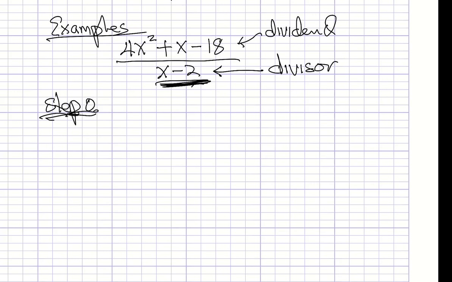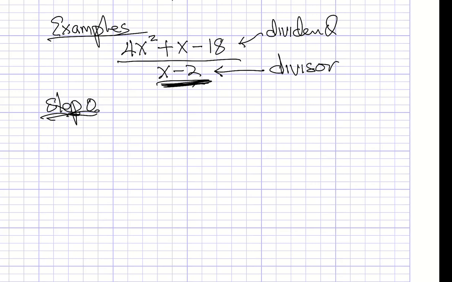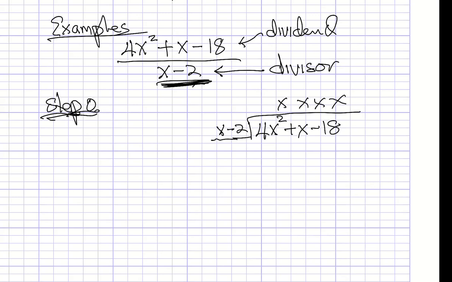You put the dividend like this: 4x squared plus x minus 18, in this long division symbol, and then you put the divisor here, x minus 2. You remember that? That's how we did long division. And then whatever answer we have will go up here, and when we're done, we'll copy the answer from up there.